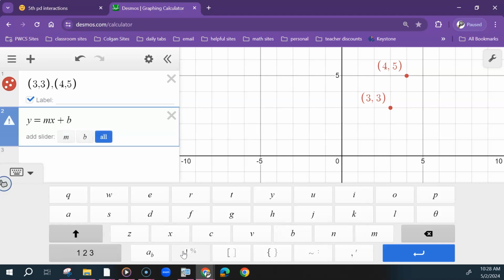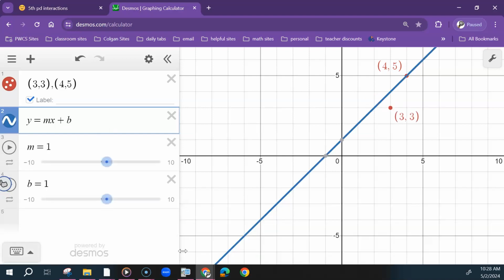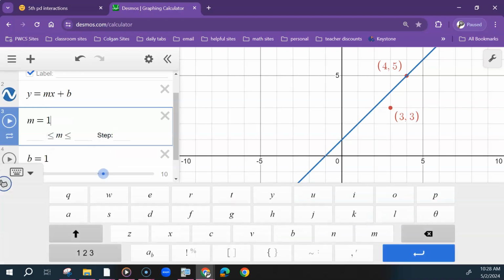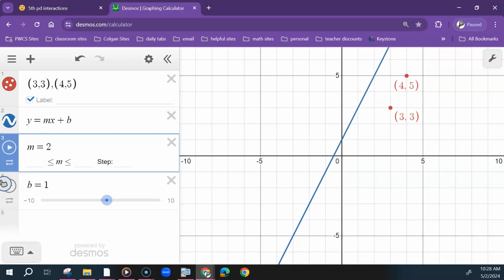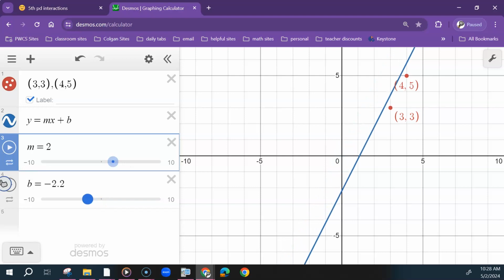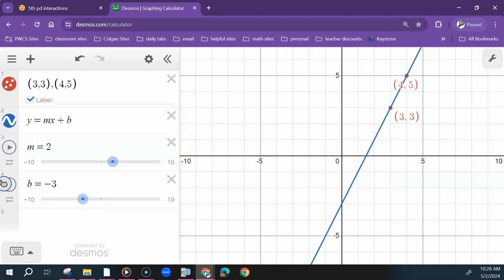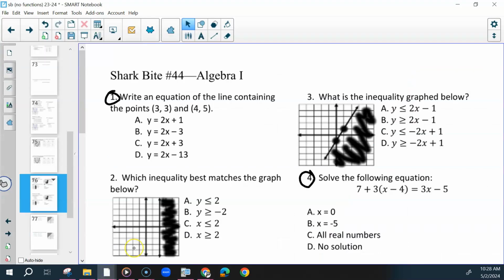We can add in all the sliders, change the slope to whatever the slope is here. We count it's up 2 over 1, so there's 2. And then move the b until it goes through those points. So b was your answer there: y equals 2x minus 3. You did that in Desmos, so make sure you write use Desmos. Questions on that one?